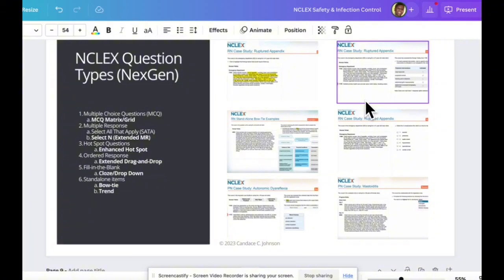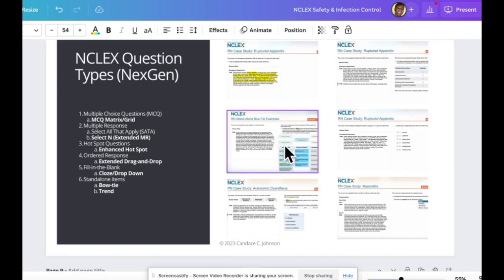They look like multiple response and select all that apply questions. However, they tend to have more than one column of answers. All right. And usually it's like asking you what's indicated or not indicated, what you might do versus what you might not do for that client. Okay.